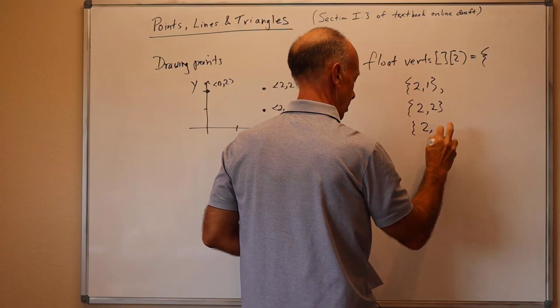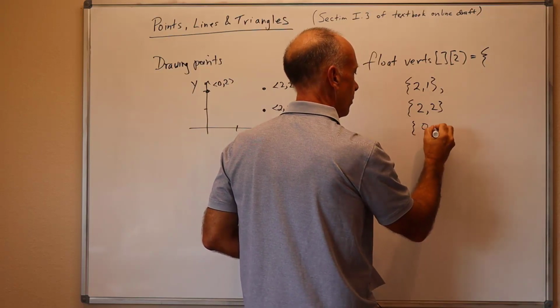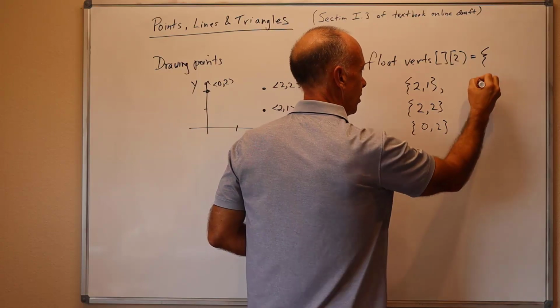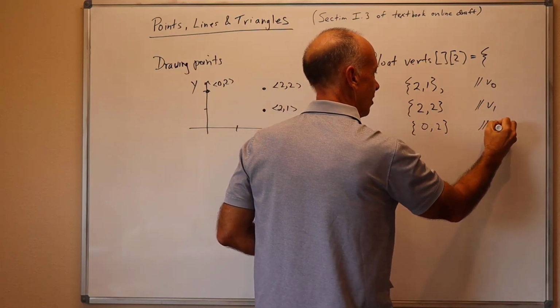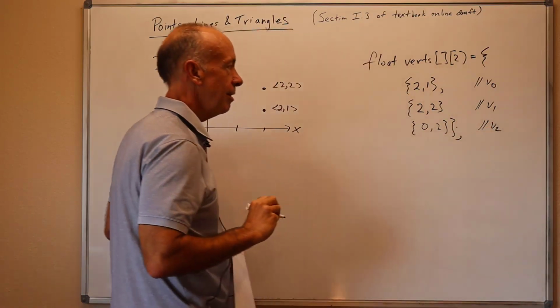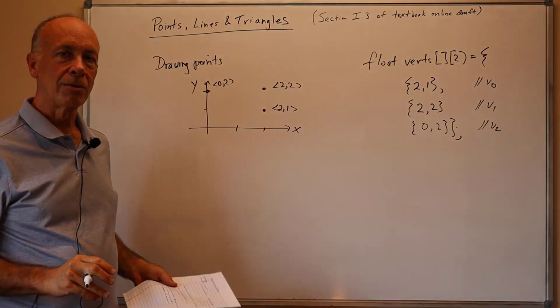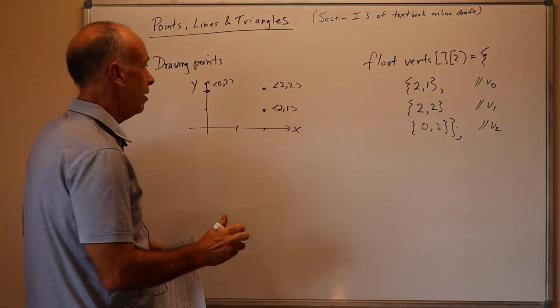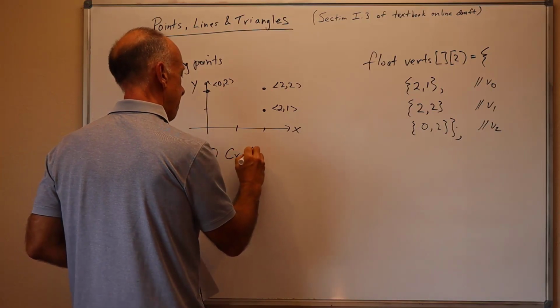And the third one is 0, 2. I'll call this V0, this V1, and this V2. That just loads 6 numbers into an array, and we're treating these as pairs of numbers representing XY coordinates in a plane. So step 1 is create the array.